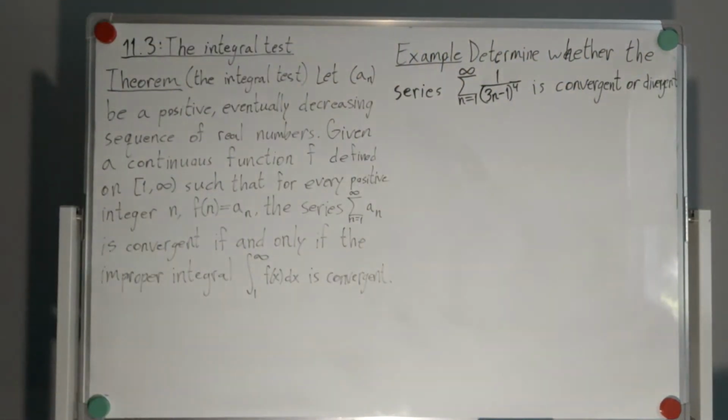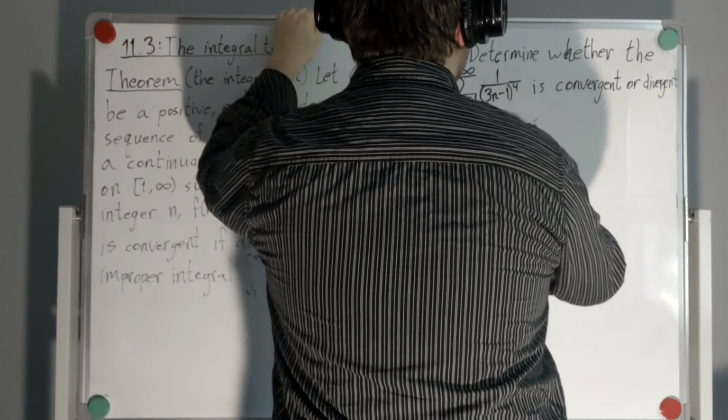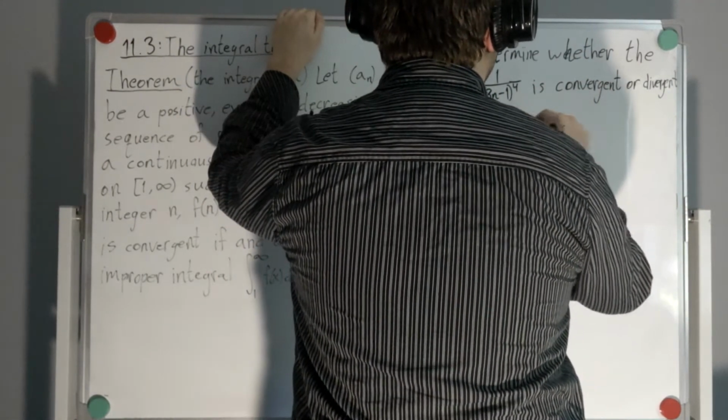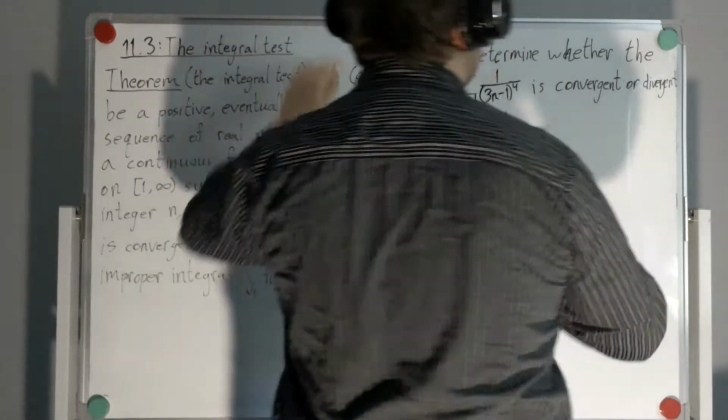And once again, our question is the same. Determine whether it's convergent or divergent. And our strategy is going to be the same too. Once again, we're just going to take the function that this sequence corresponds to, so that's 1 over (3x minus 1) raised to the 4th power.